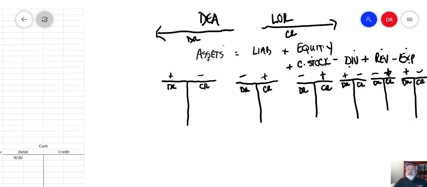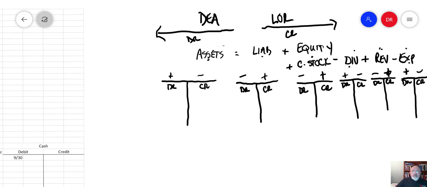So these accounts are common stock for owner's equity, revenue for the R, and liabilities for the L. So liabilities, common stock, and revenue all increase with a credit. So if you're going to the right, if you're using credits, you're increasing these accounts. If you use debits, you're increasing these.